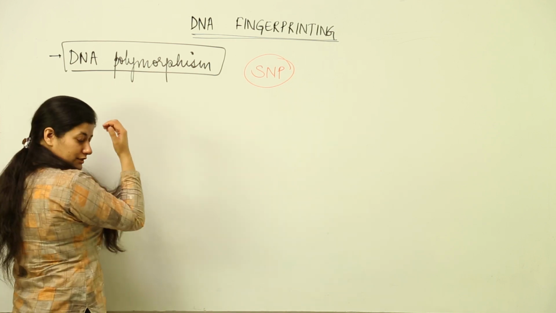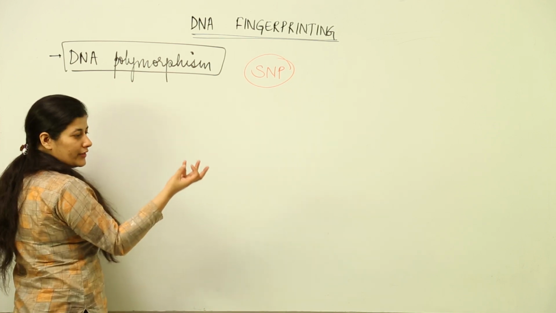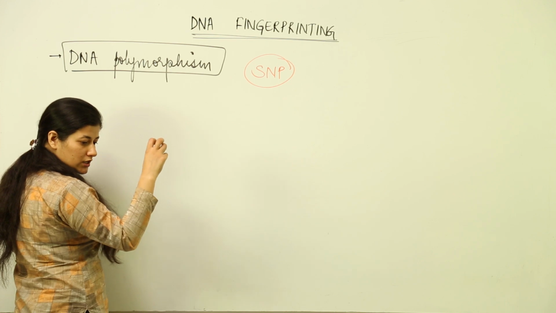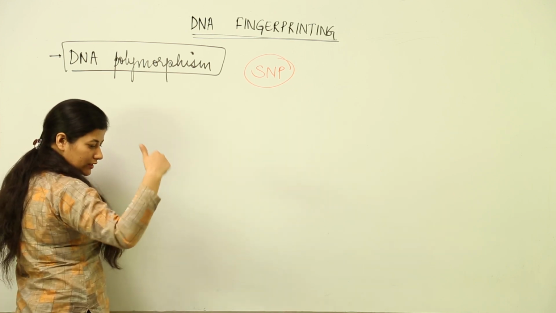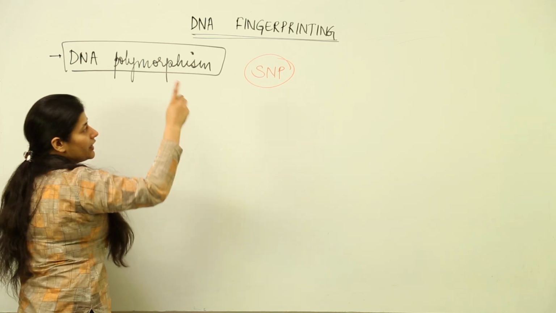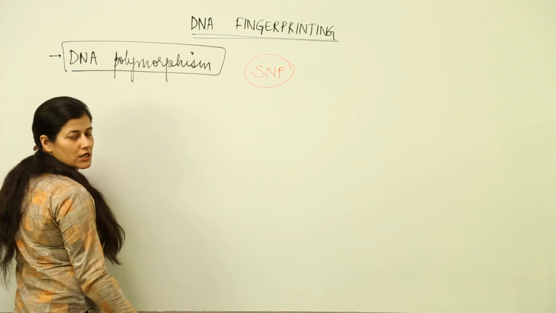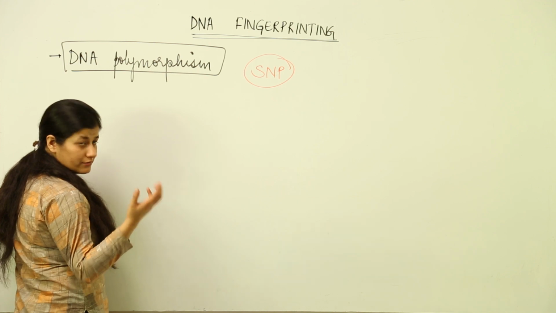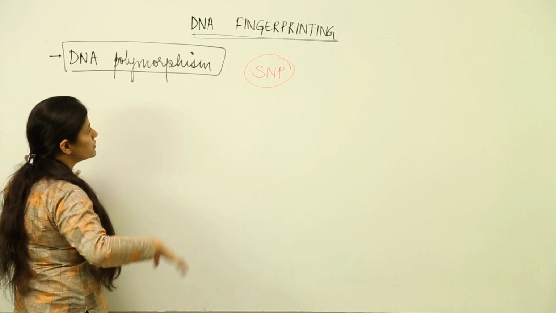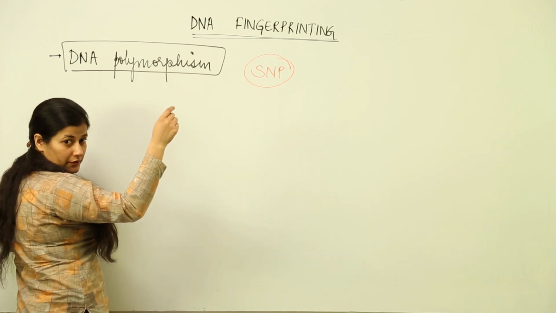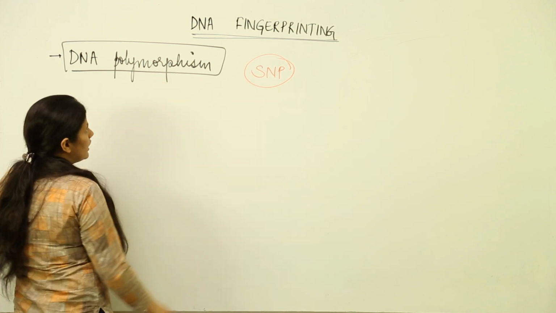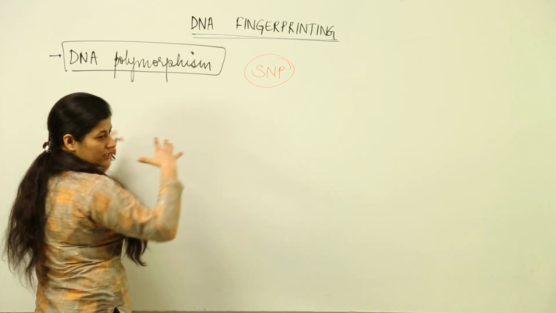First thing, repeated sequences are there in the DNA. 99.9% is similar in all individuals. Out of that, we are taking up the repeated sequences where the repetition is of a great number. In that, we have single base pair polymorphism. A single nucleotide would be different in all those sequences, and this difference we are going to target, okay, when we have to do fingerprinting.